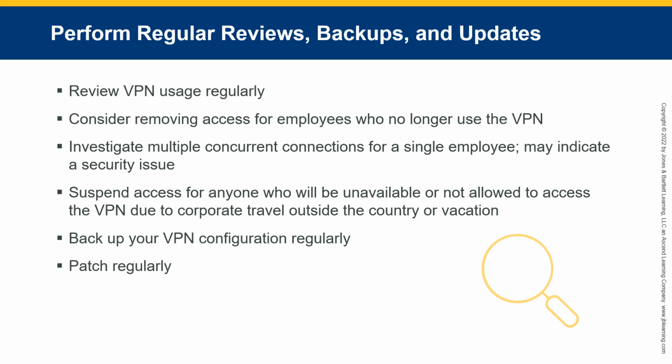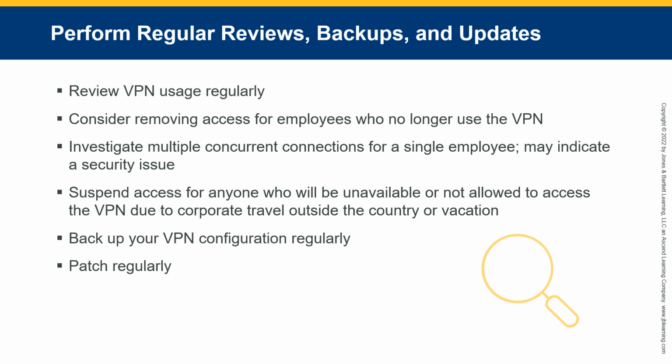You also want to check and remove the users who are no longer with the company. You want to take away their VPN access. Somebody may have only been supposed to use the VPN temporarily. If they're an in-office user who had to work from home for a certain amount of time, when they're back in the office, you may want to take away their VPN capability to connect in.